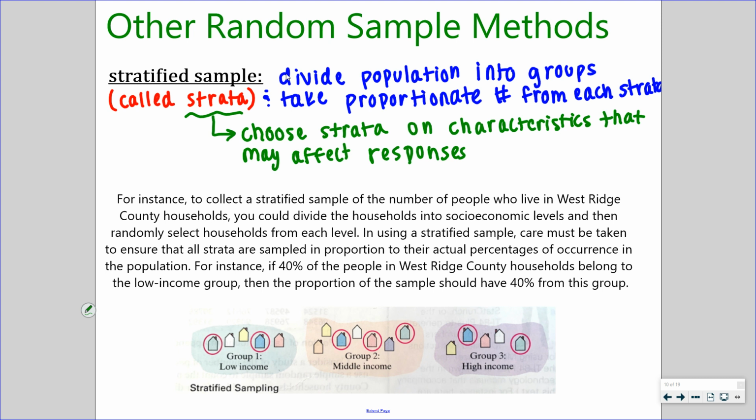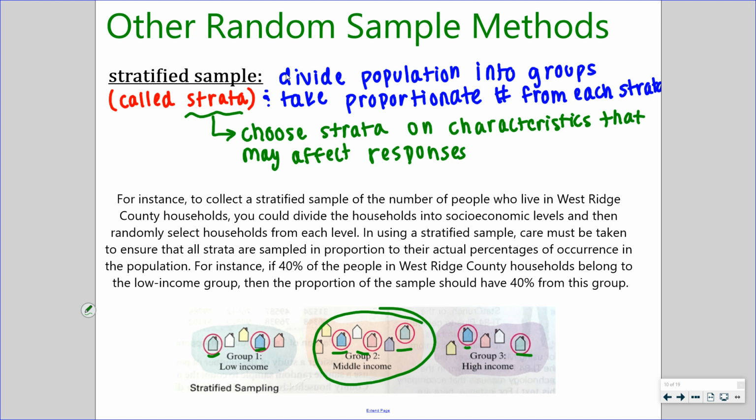An important thing about the stratified sample is we select random people out of those categories. The proportionate piece of this is I might only select 2 from the low income, maybe 3 from the middle income, and 2 from the high income, because there's more middle income.